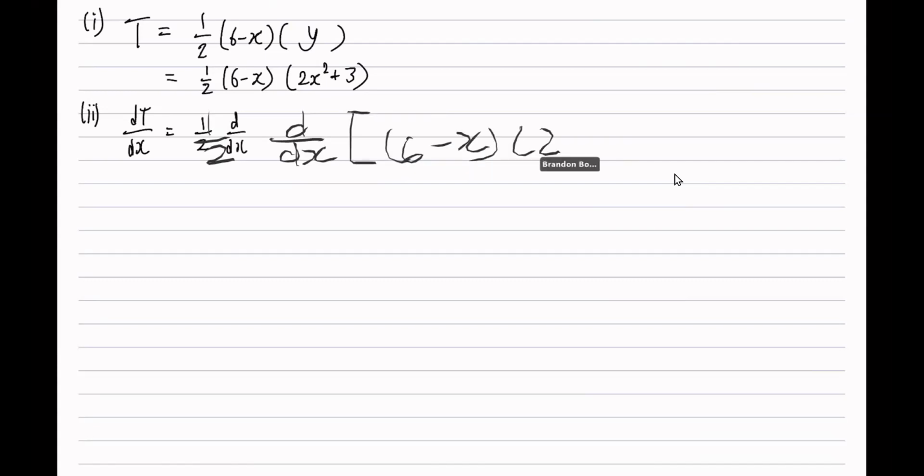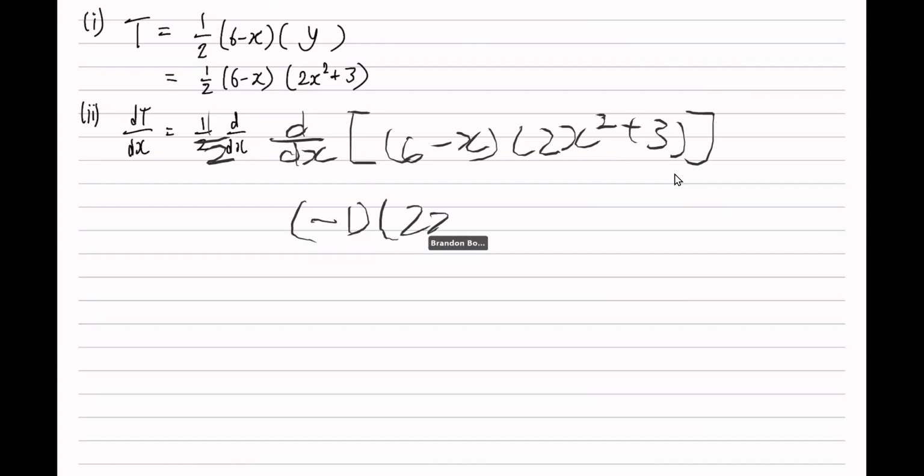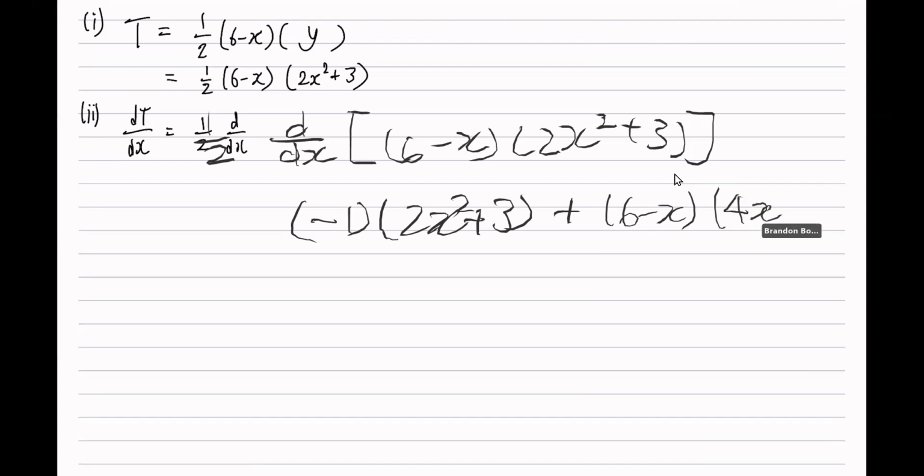Chain rule. Differentiate the first one and minus 1 in the second one, plus 6 minus x and differentiate the second one, 4x.